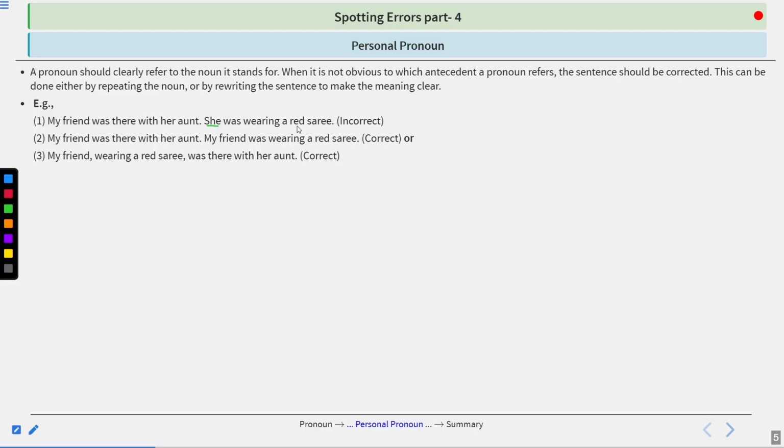So it's incorrect. The correct sentence would be: my friend was there with her aunt. My friend was wearing a red sari. So in this way you can correct it. Or: my friend wearing a red sari was there with her aunt. I hope you have understood.